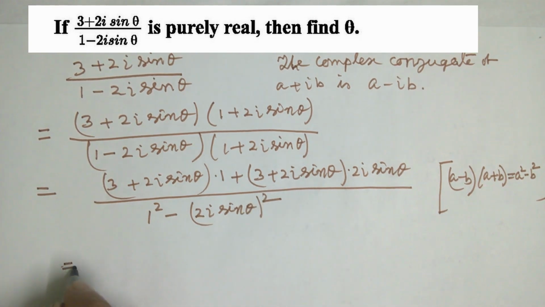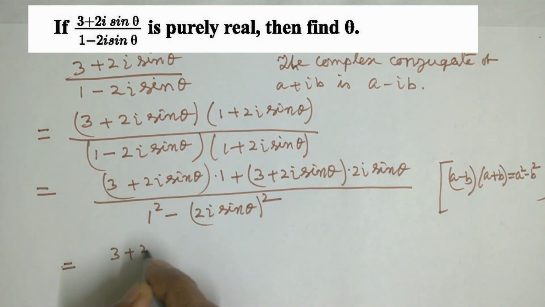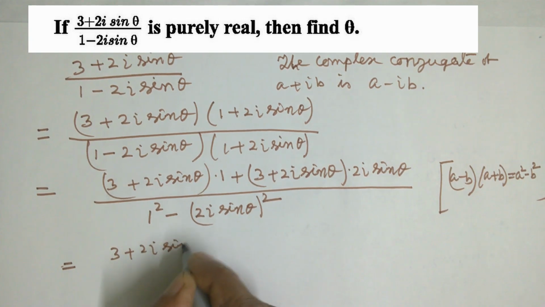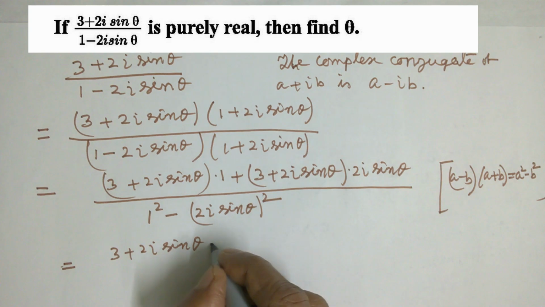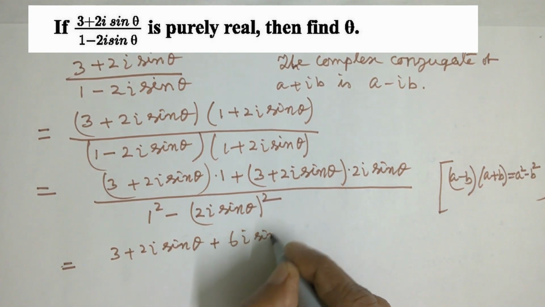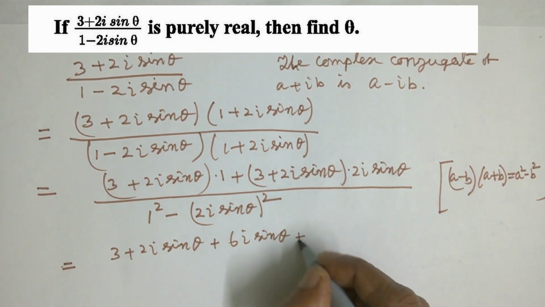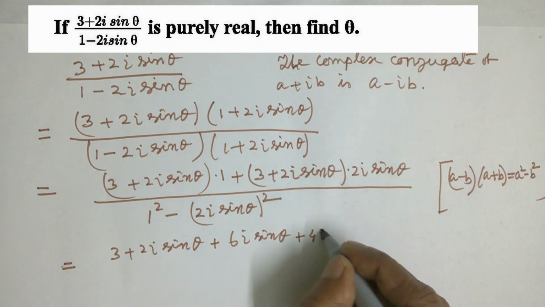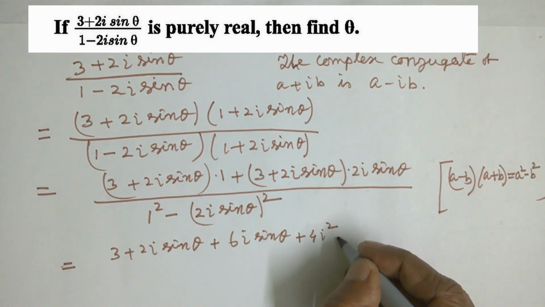Now simplify again. Multiplying by 1, this will be 3 plus 2i sin theta. This will be 6i sin theta, and this will be 4i square sin square theta.